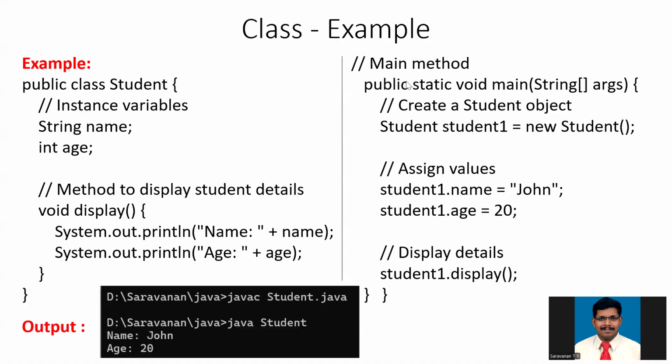The main method is also available. What happens here? A String is given. String stores the student's name and age stores the age. The method displays the content which is received as input in the string and integer variables.